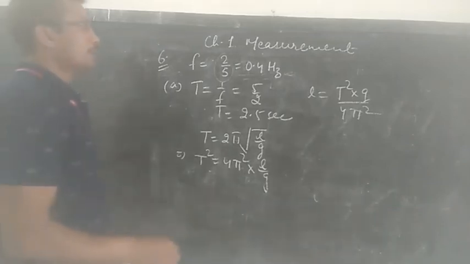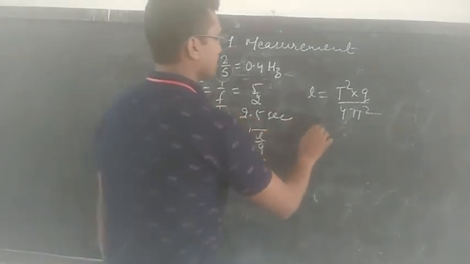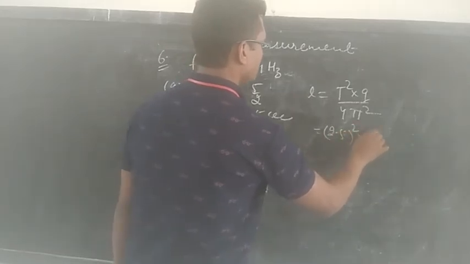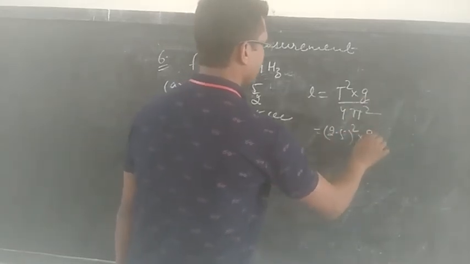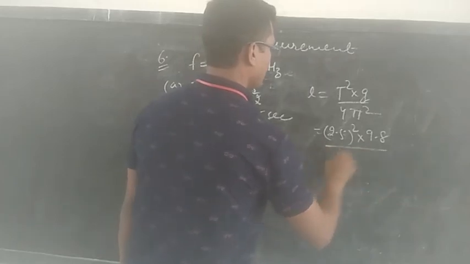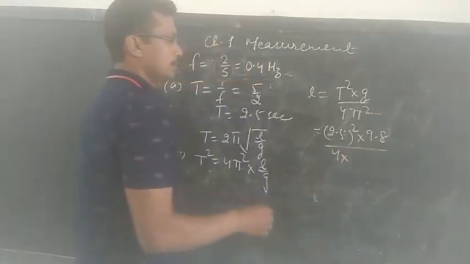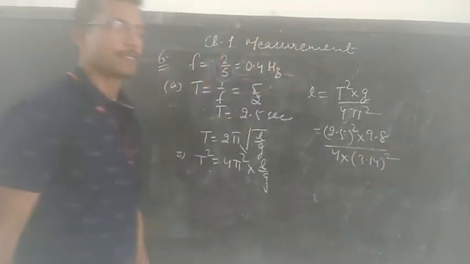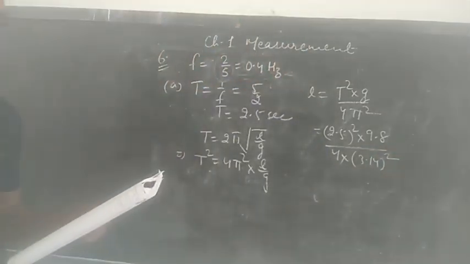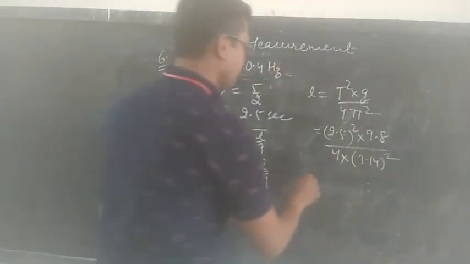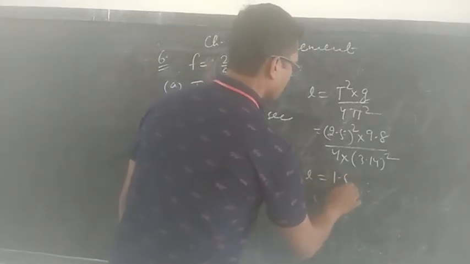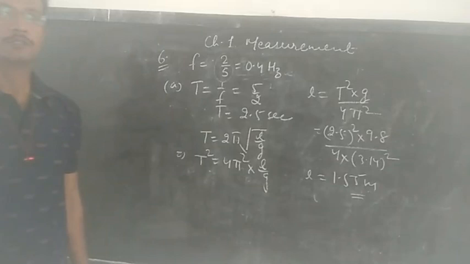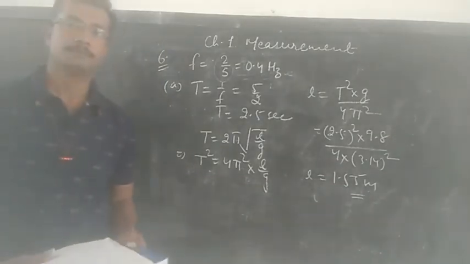Now you can put the values. Time we have already calculated as 2.5 square into g, given 9.8, divided by 4 into pi, which is 3.14, square. So when you calculate all these, you will be getting a length equal to 1.55 meters. So this is the answer we have.